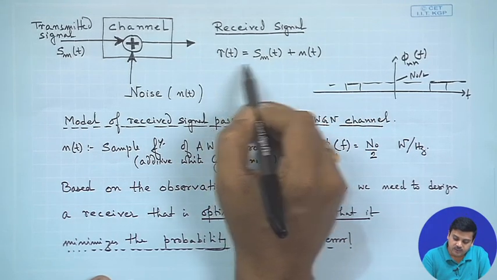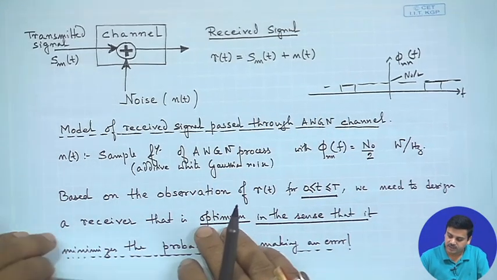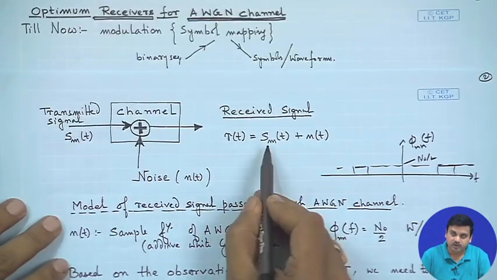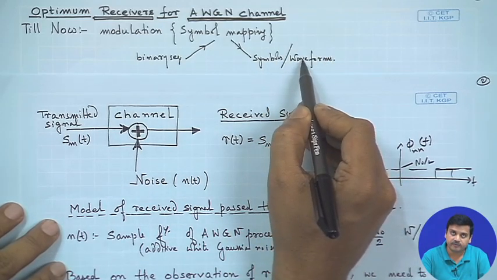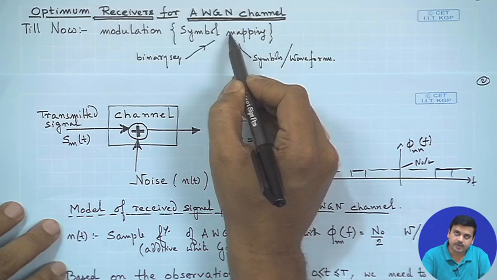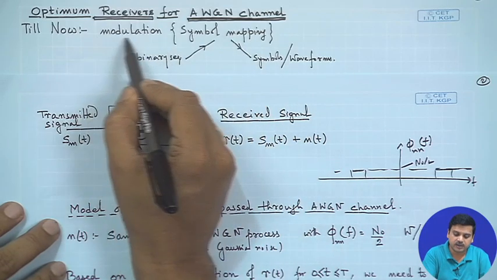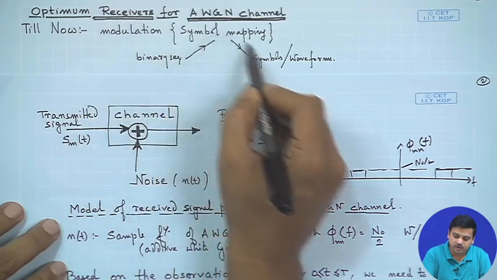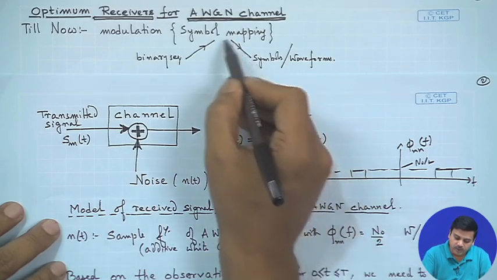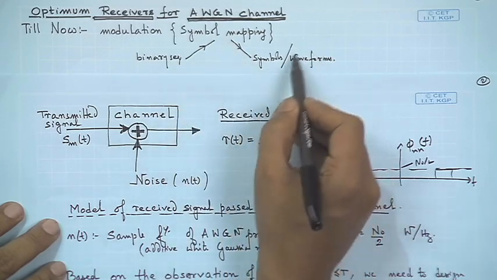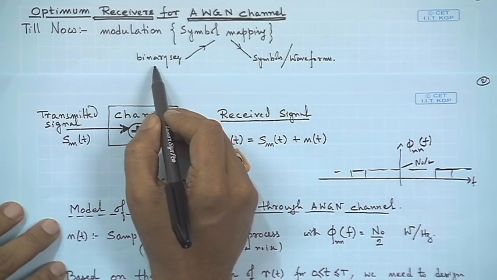The job of the receiver is to identify which of the s_m was sent, because if it is able to identify the waveform, it can do the reverse mapping and get back the binary sequence. That is the process of reverse modulation. Here modulation goes this way, reverse modulation should go this way. When you go this way, you have to identify which waveform, because each waveform is arrived at by mapping a unique sequence.